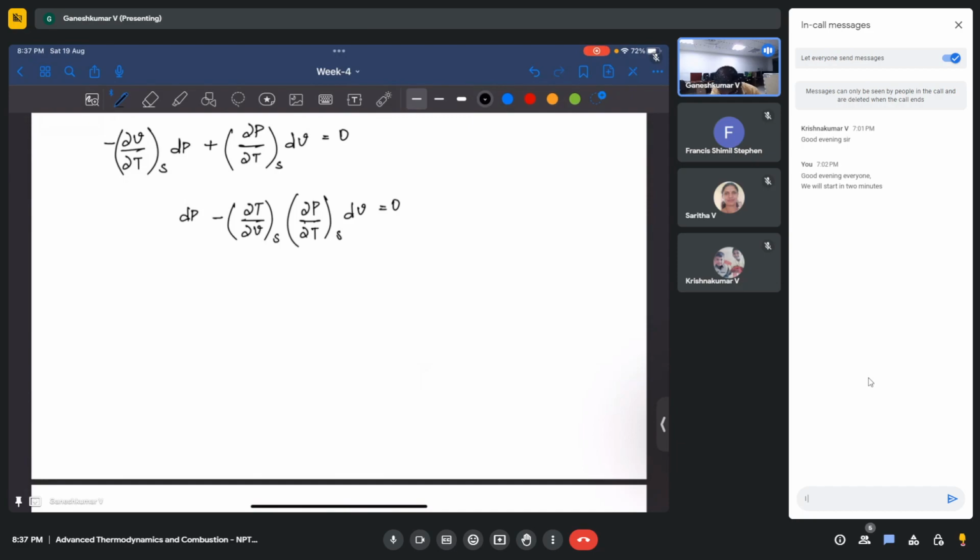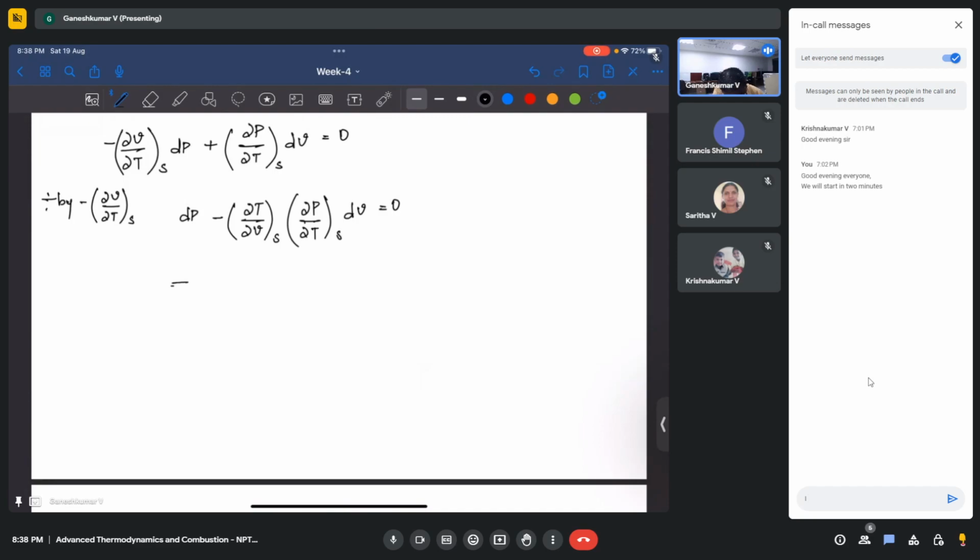Basically, I divided by minus dou v by dou t at constant s. I'm just trying to get p and v separately, because PV power gamma is equal to constant.